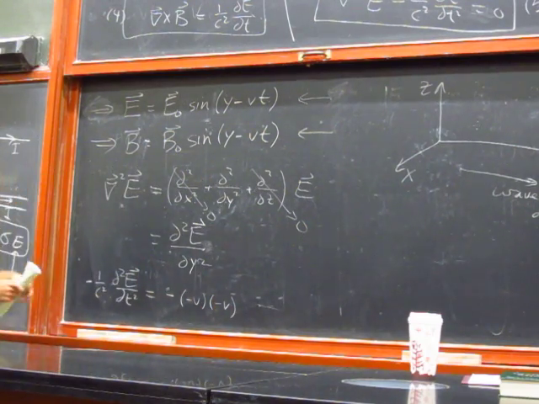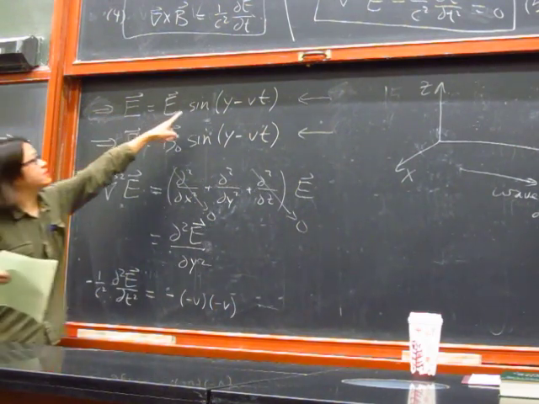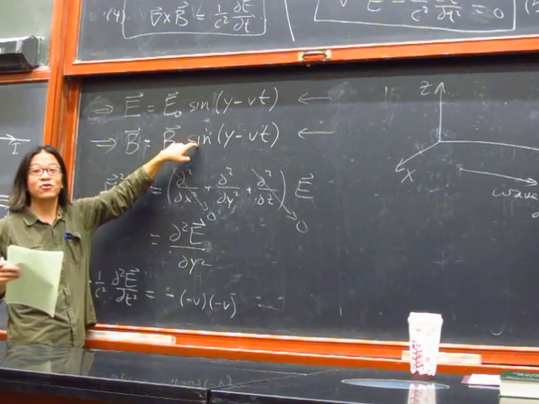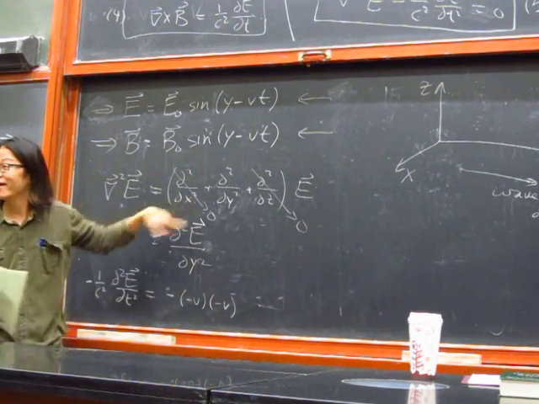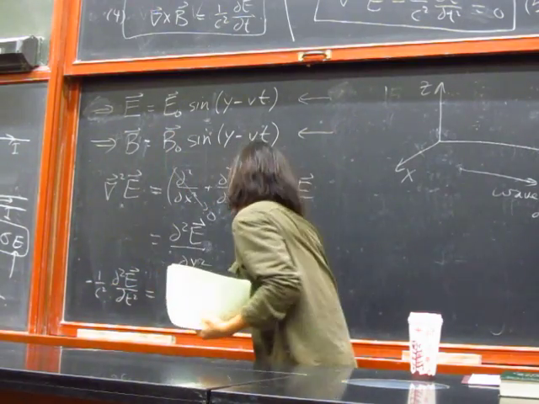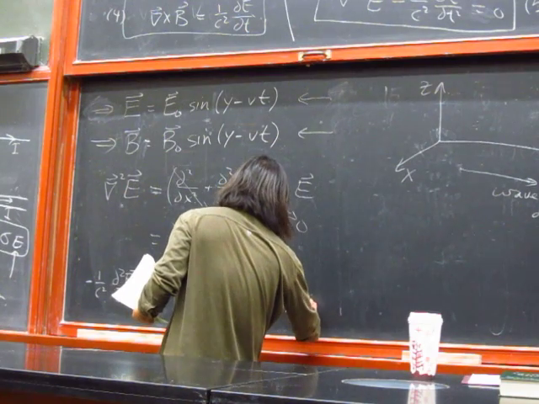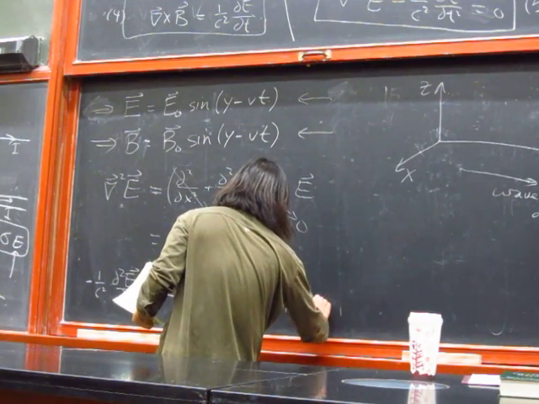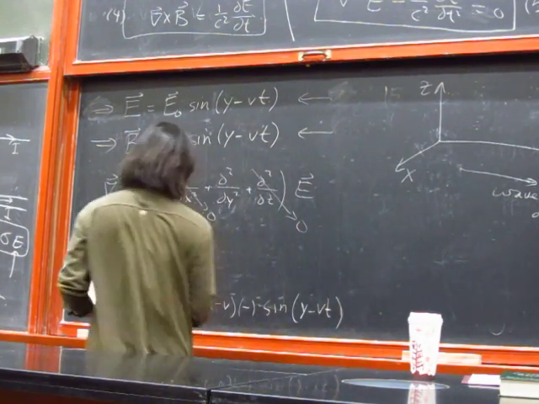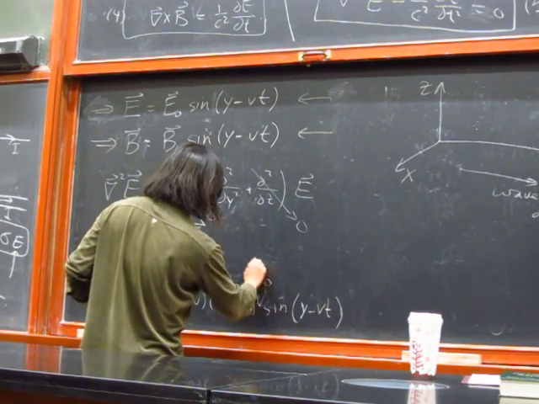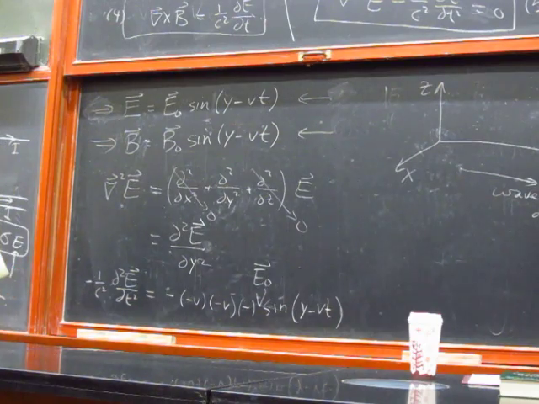I differentiate the sine with respect to time and I get cosine, and I differentiate cosine and I get sine back with a minus sign. So there's another minus sign, of sine (y minus vt), times E naught.